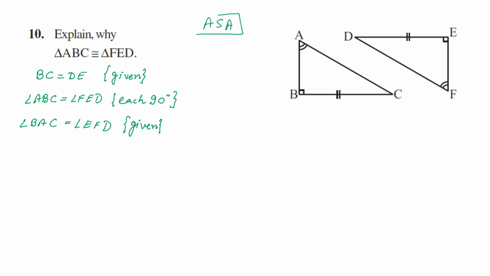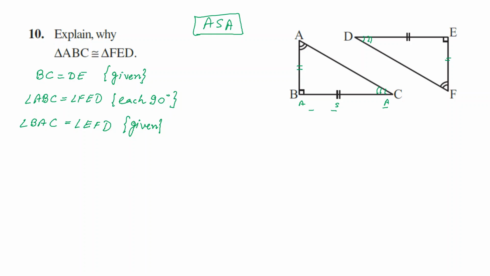But the problem is that the included side is this, which is not equal. So either we need to prove that this angle is equal to this angle, then we can use ASA, because in that case we'll get this A, this S and this A, or we have to prove AB is equal to EF.